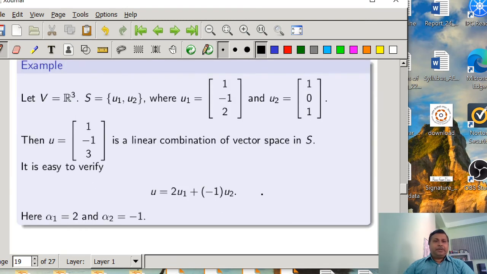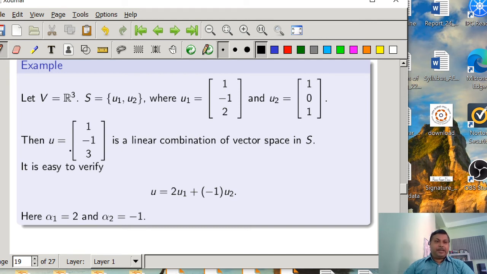As an example, suppose we are in the vector space R3, and we have chosen two vectors u1 and u2 from R3 to construct the set S, where u1 has three elements 1, minus 1, 2, and u2 has three elements 1, 0 and 1.